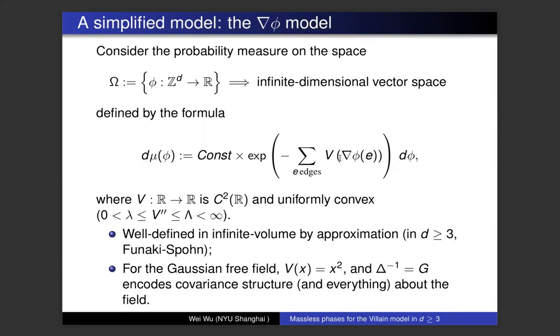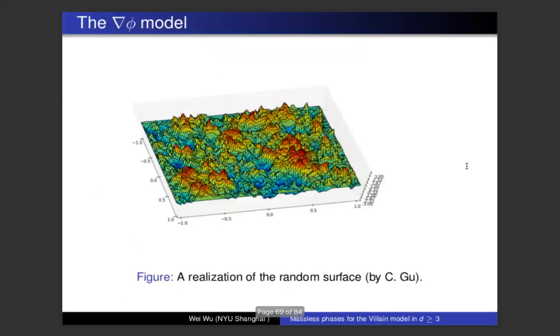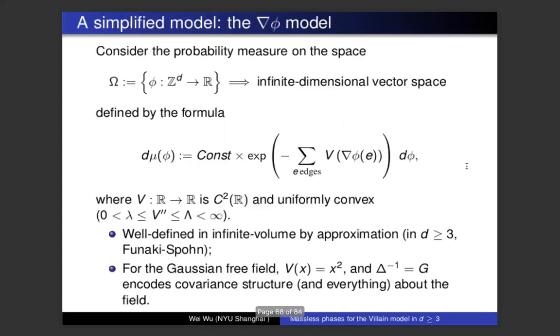In the case where V is Gaussian, you can compute everything: the correlation is given by the inverse of the Laplacian. Now we have something more general, but we will see that a more elaborate version can help us understand the correlation of the field, through a more complicated operator than this.